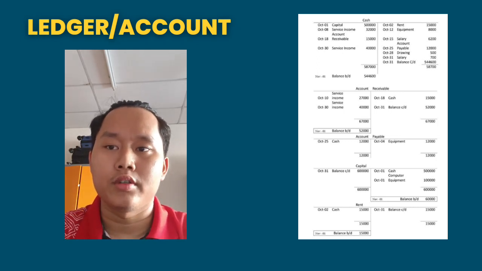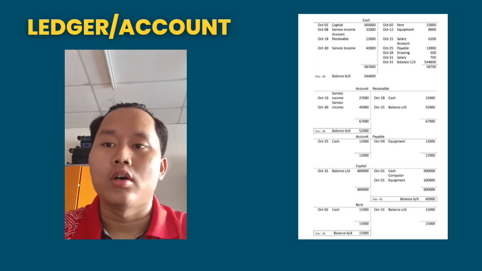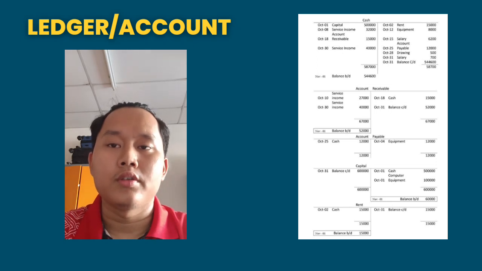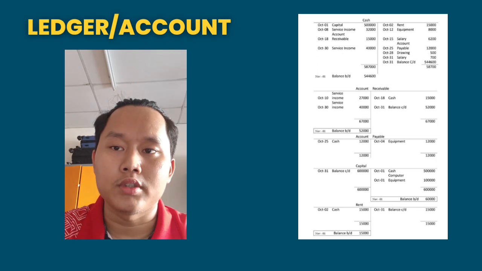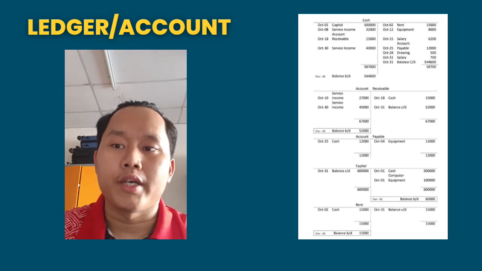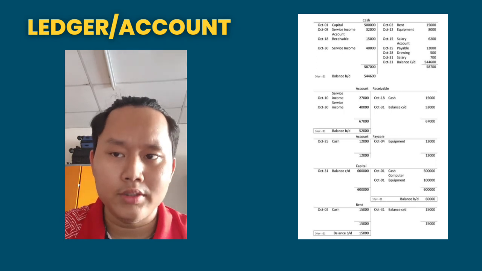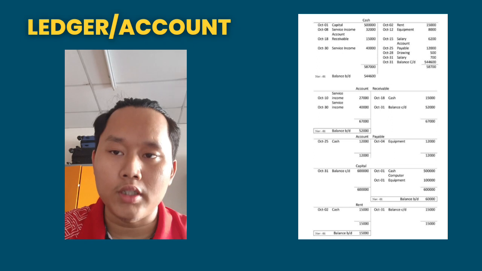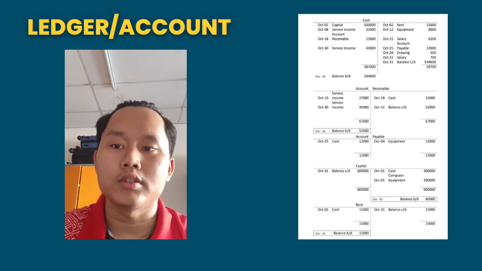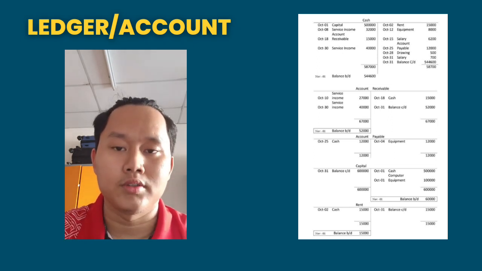In the cash account, the debit side is October 1 capital 500,000, October 8 service income 32,000, October 18 account receivable 15,000, October 30 service income 40,000, and the total is 587,000.